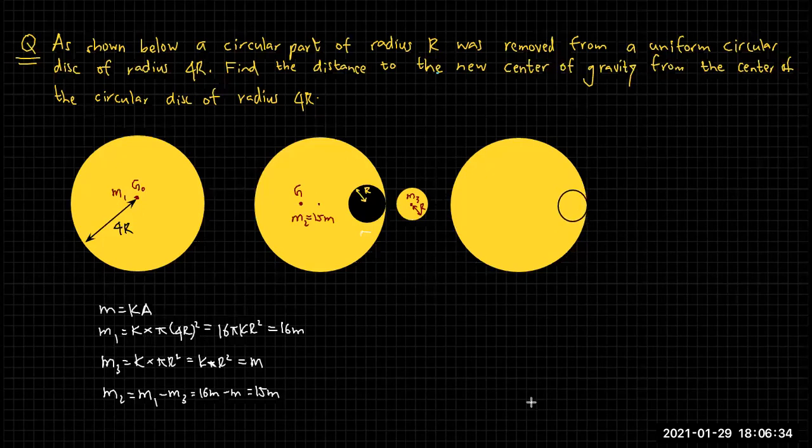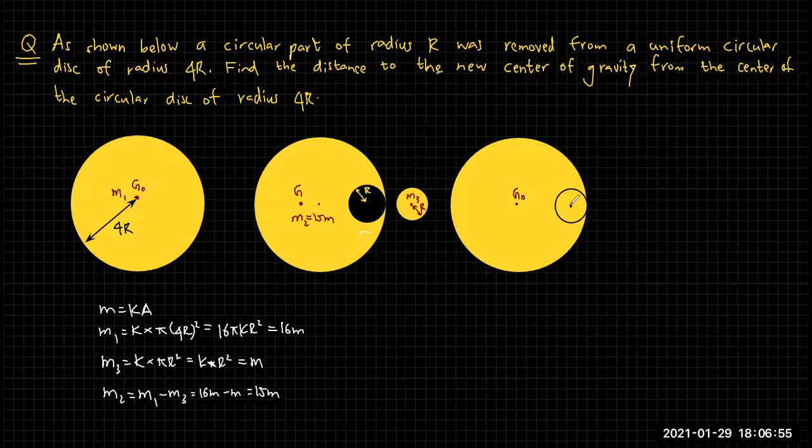Hope everyone can agree with me on that. Now you have two objects together. This is the center G, G0 actually.